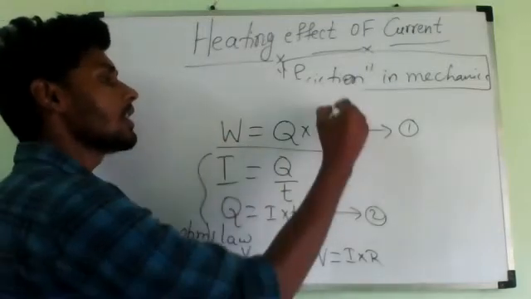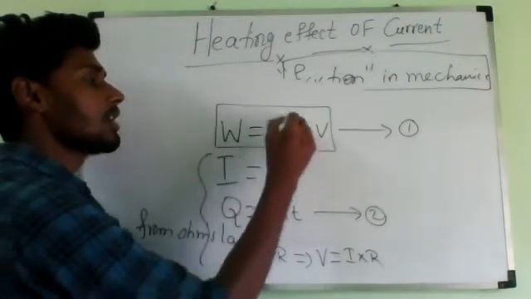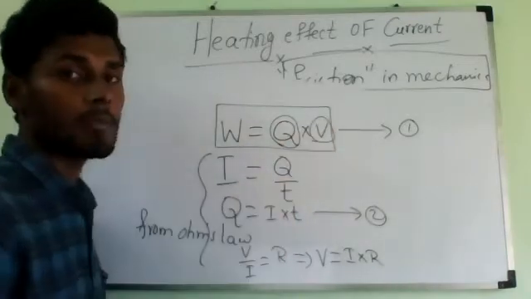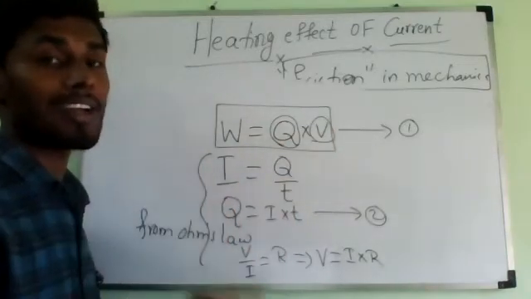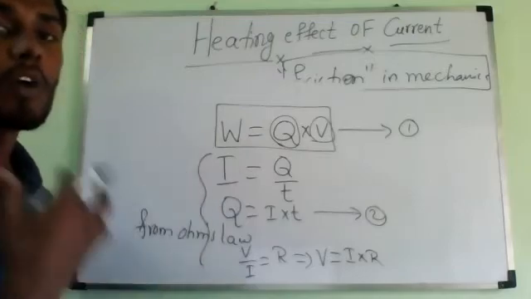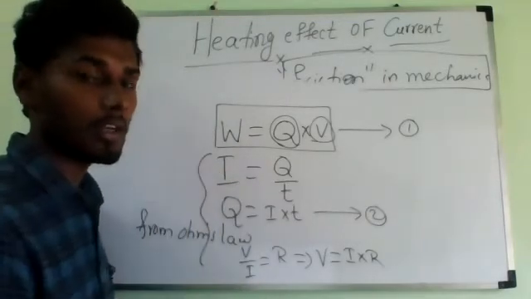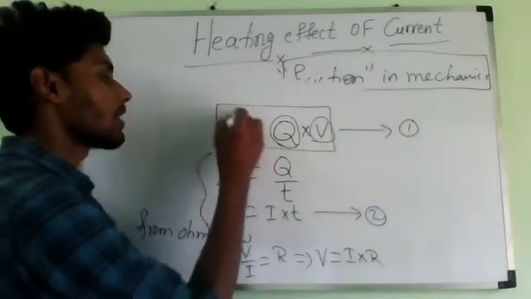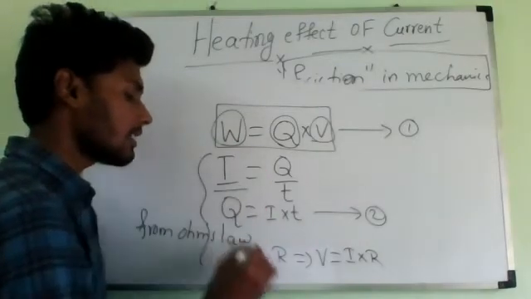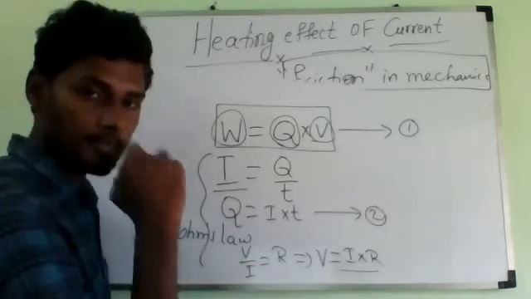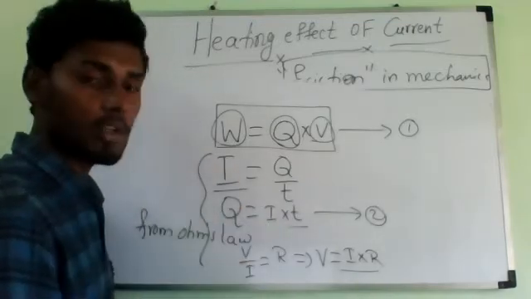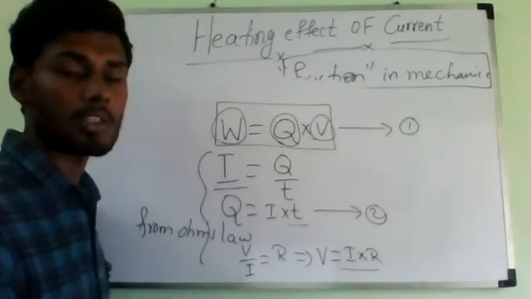Because we know that work done equals Q into V. But here who is doing the work? Current is doing the work to move forward in a given resistor for a particular time period. So we are trying to bring this work done in the form of current and time. Current and time. So let us substitute these values.